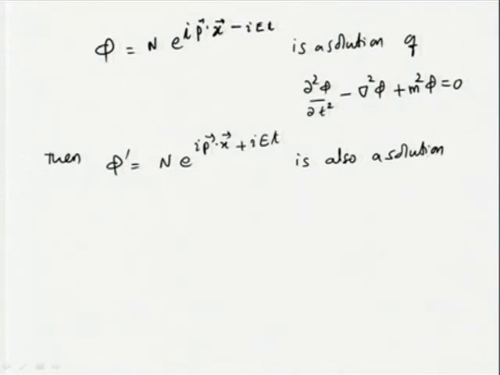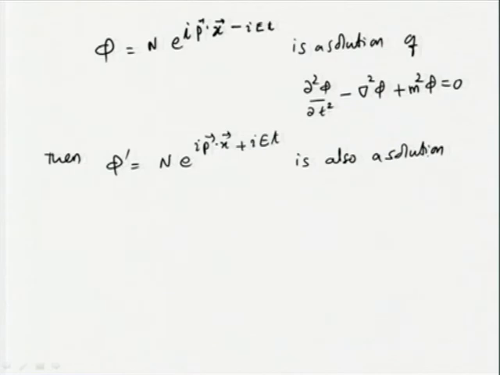That is because the Klein-Gordon equation is a quadratic equation; second order derivatives are coming in. Therefore, plus i E squared and minus i E squared both will give you the same minus E squared.